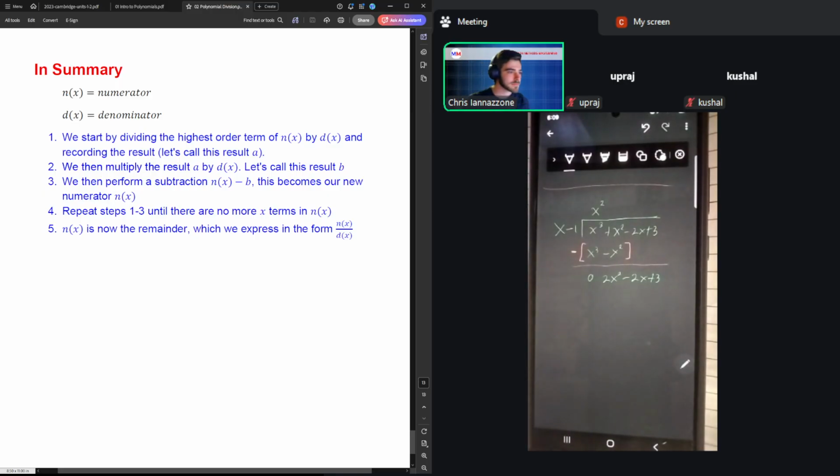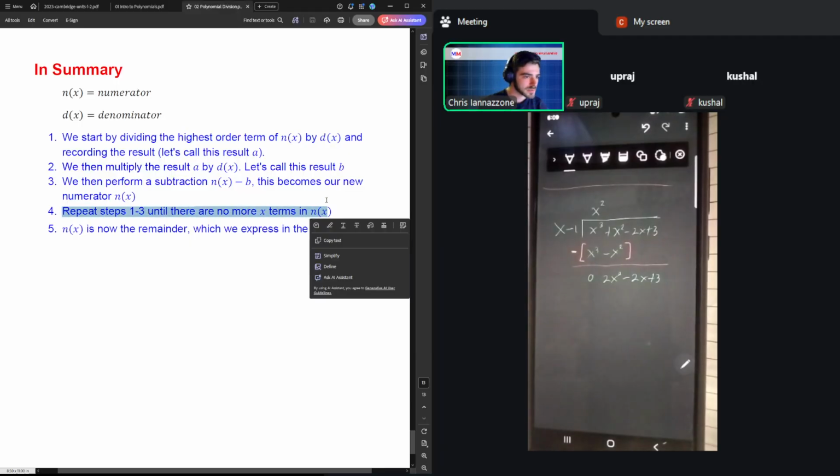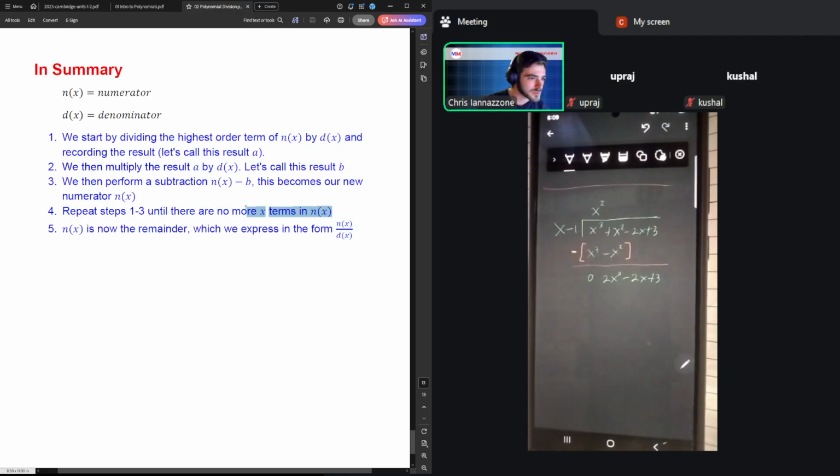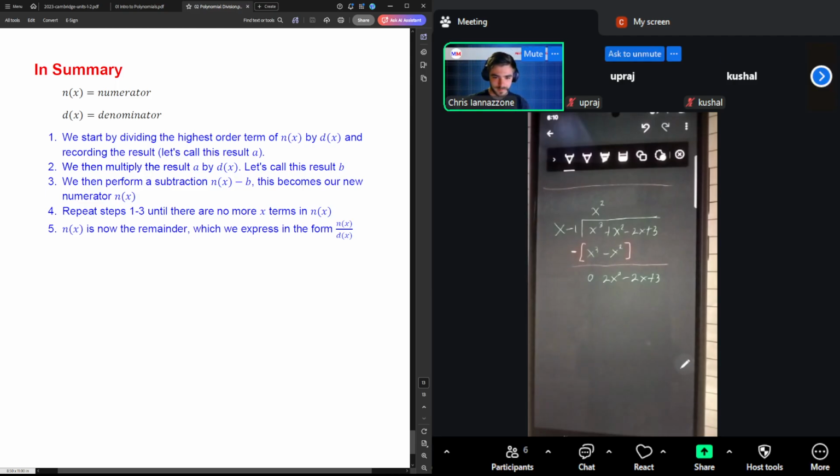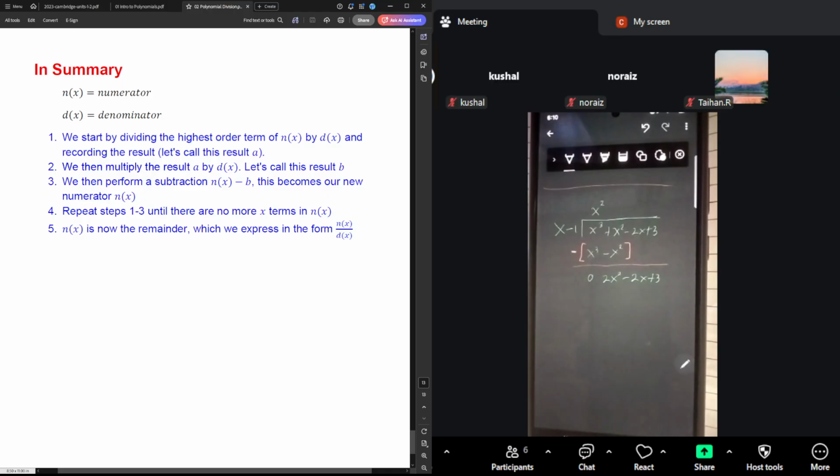That's how we get into step 4, which tells you repeat steps 1 to 3 until there's no more. I didn't really know how else to word that because there are a few stopping conditions. Most of the time, you're going to do it until you run out of x's. 2x squared divided by x.